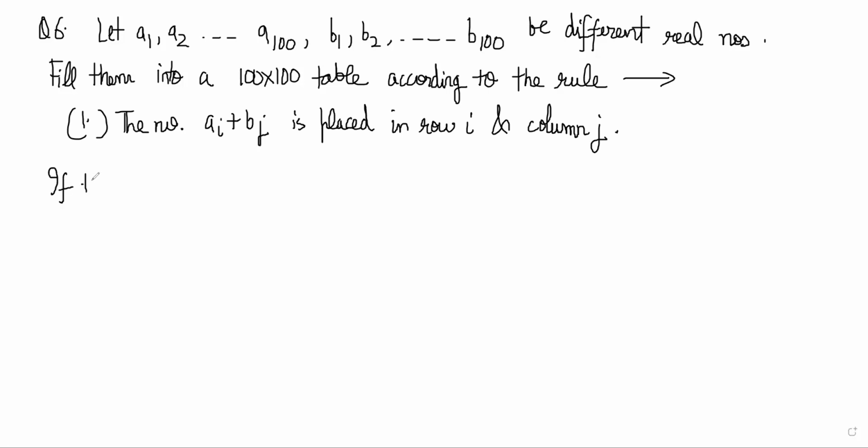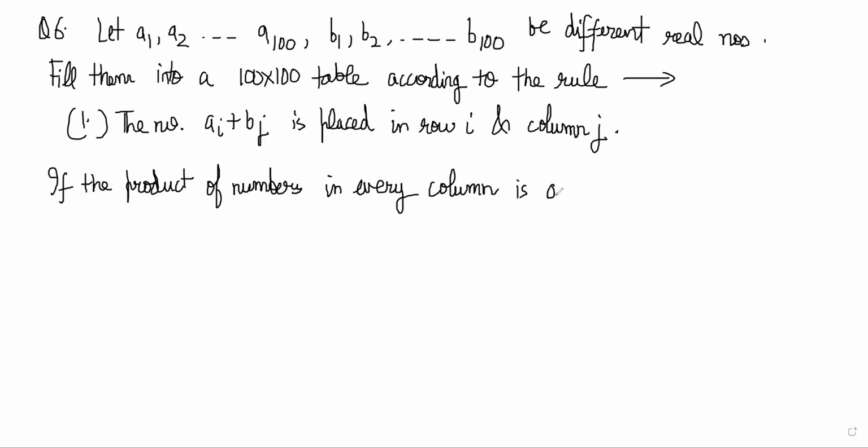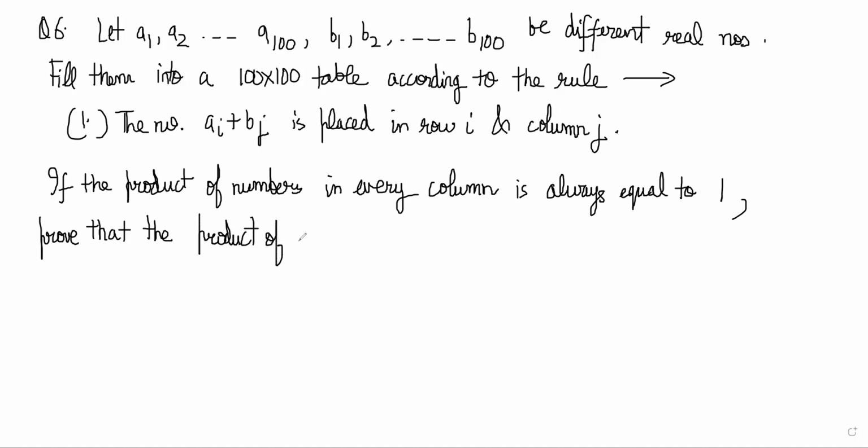And then they have said, if the product of numbers in every column is always equal to 1, prove that the product of numbers in every row is equal to -1. Okay.